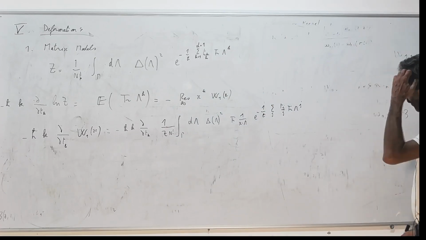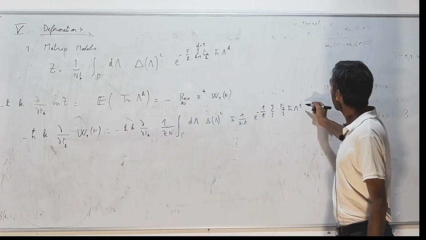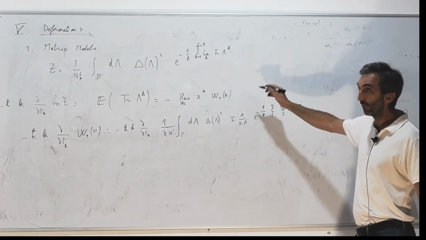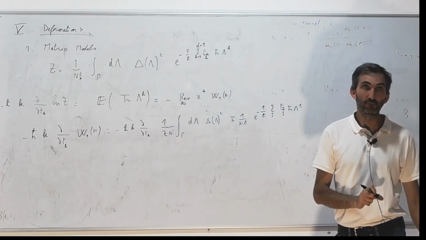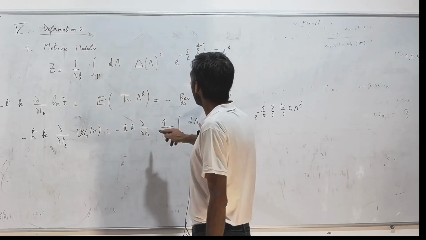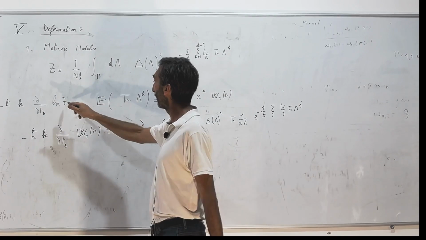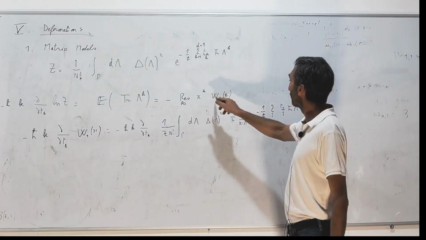When I act with d over dtk, I act here, and this brings down a trace of lambda k, and I also act on z, which depends on tk. I already know what the derivative of z is, and it will give such a thing.